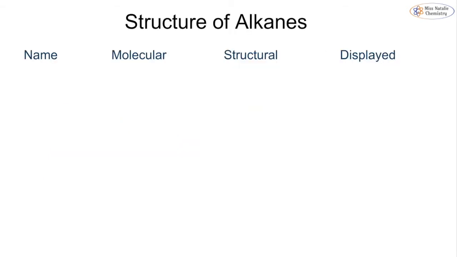So the first 5, the first one that we start off with is methane. Now for the alkanes, all of them are named in very much the same way, and we want to think of them as a family. So we're going to break down the names into 2 parts. We have meth and we have ane. So I want you to think of the ane as their family name or their surname.